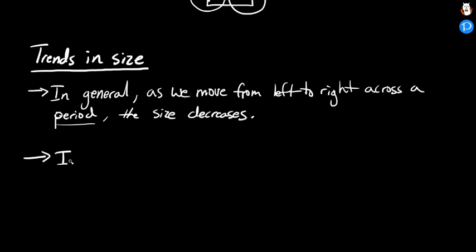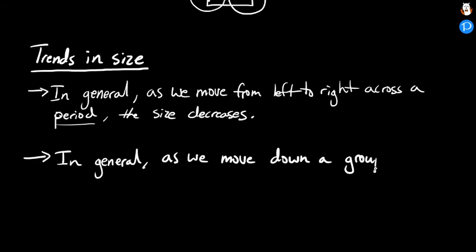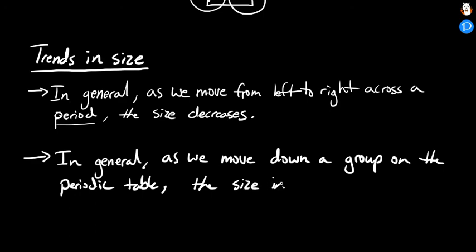So in general, as we move down a group on the periodic table, the size increases. Size increases. And that's all I wanted to cover today, these trends in size and why we see those trends in size.